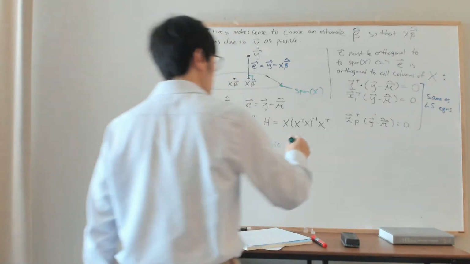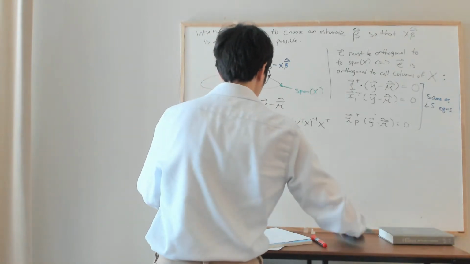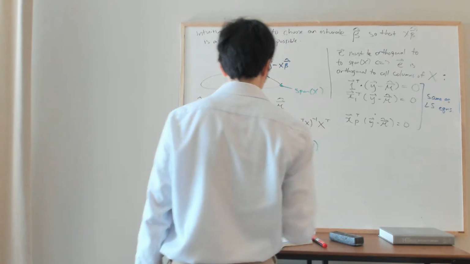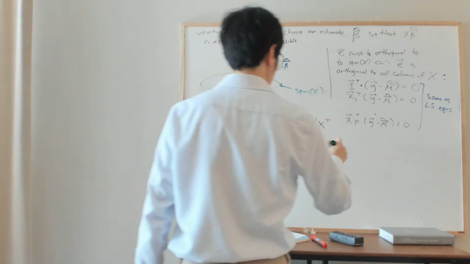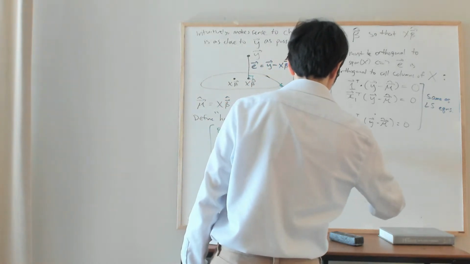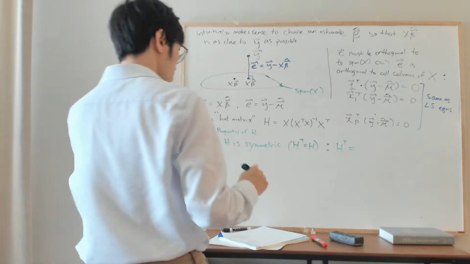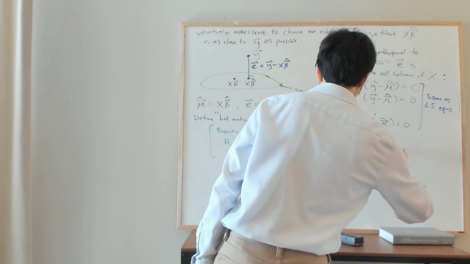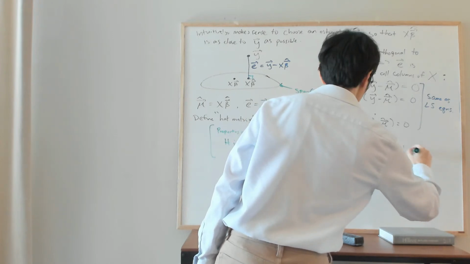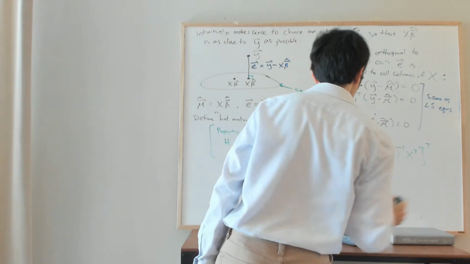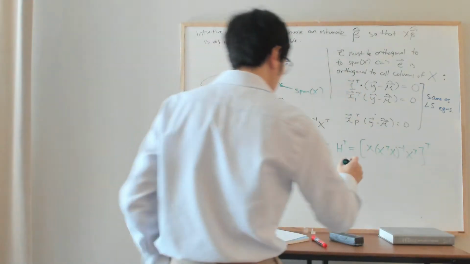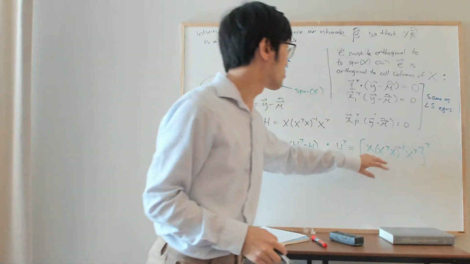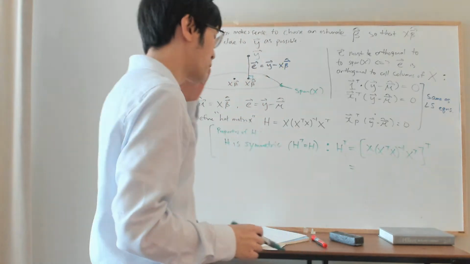Okay, so let's check that. Symmetric again means that H transpose equals H. So what is H transpose? We have to take the transpose of everything in here, X transpose X inverse. As we know, the transpose operation means we take the transpose of everything inside, but in the reverse order.